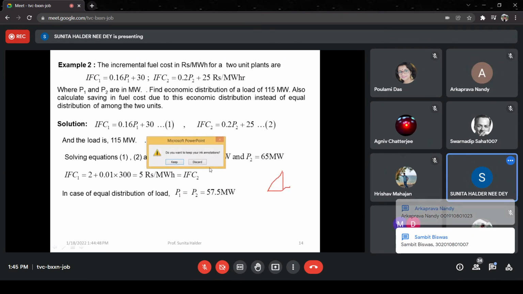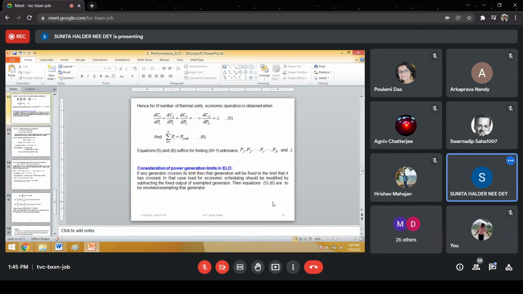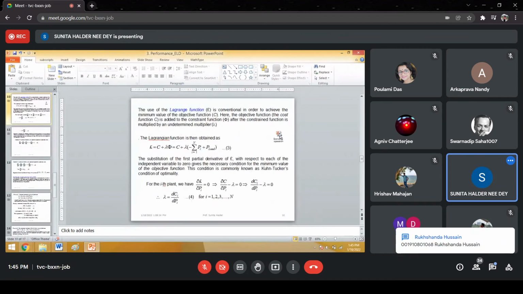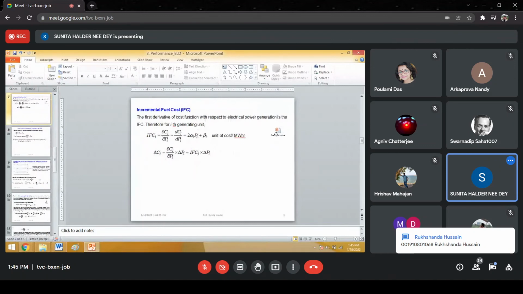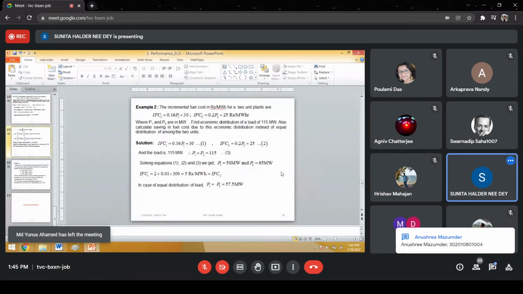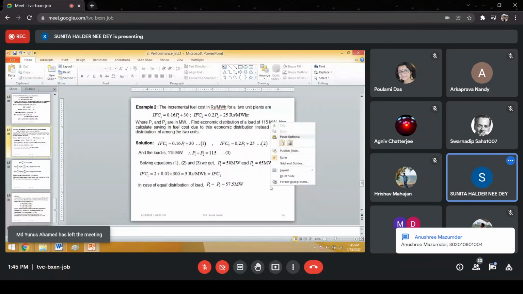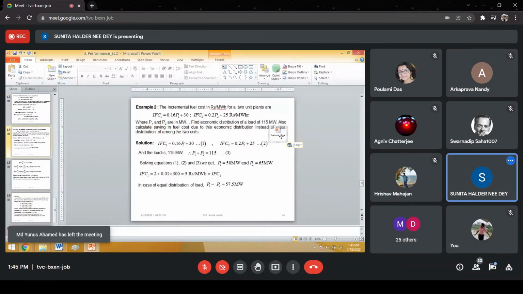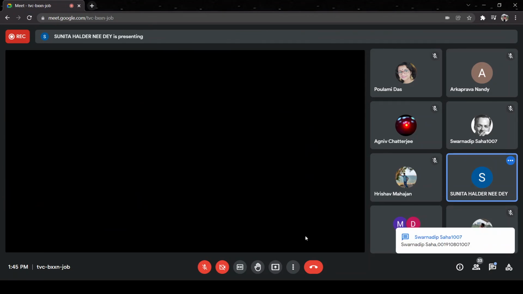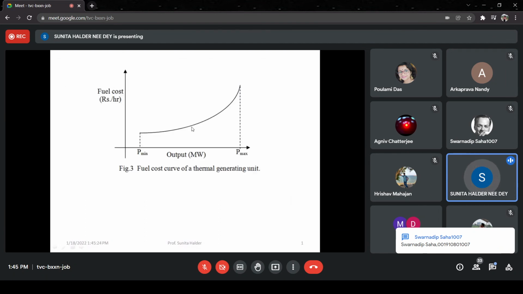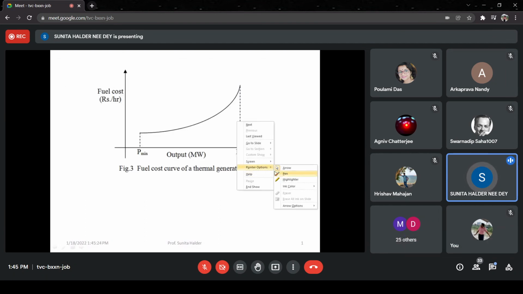So the incremental fuel cost curve is the slope of the curve. Now here, at one point we know the generation is 57.5, say.